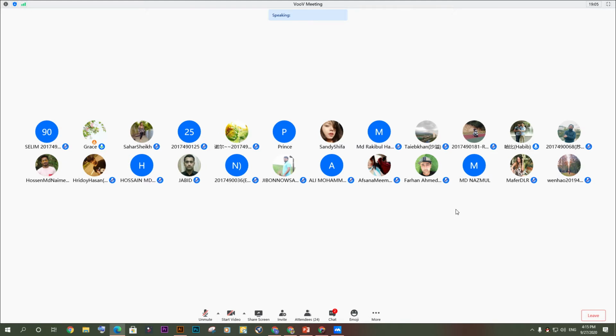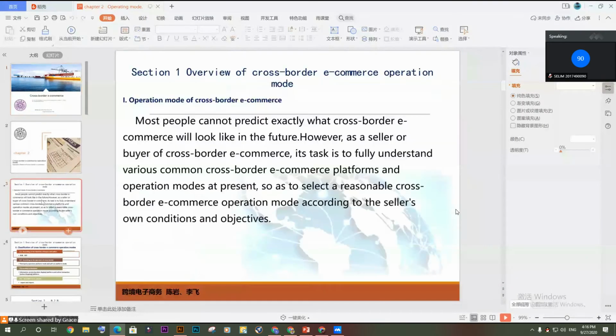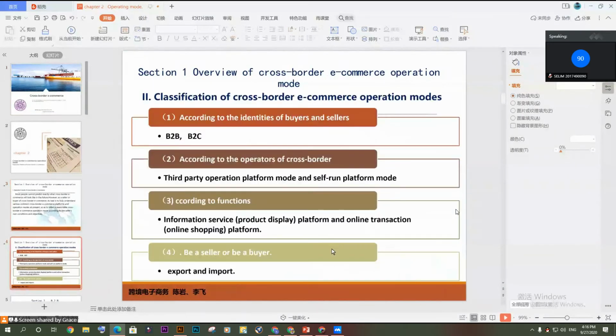Okay, let me try it one more time. Section 1, can you see that? Yes, now we can see.